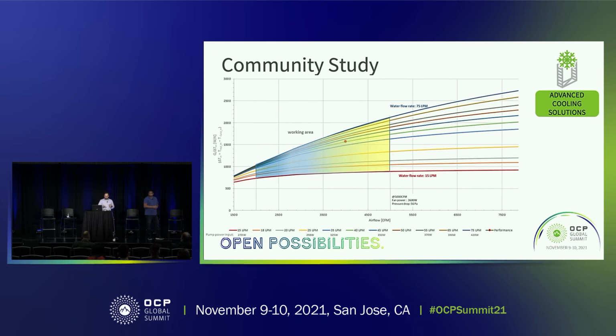For example, if you increase the flow rate of the air a lot, but not the flow rate of the water, you are not able to increase the performance of the system, and you increase the power consumption of the fan, but you don't reach much performance. Therefore, there are optimized points in which you have to work. If you are using water and air, there is a combination to increase the efficiency of the system.